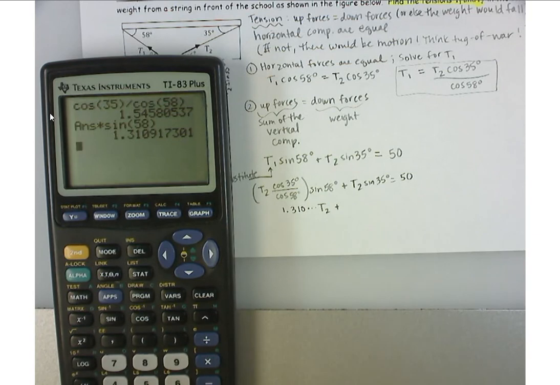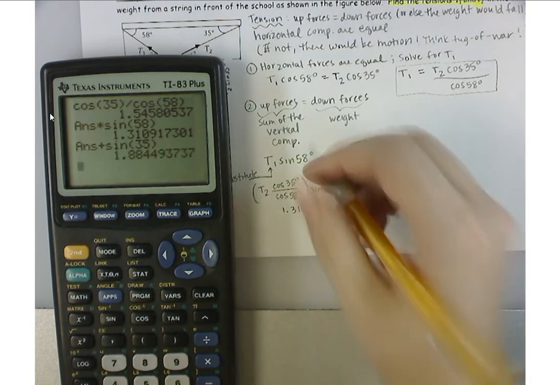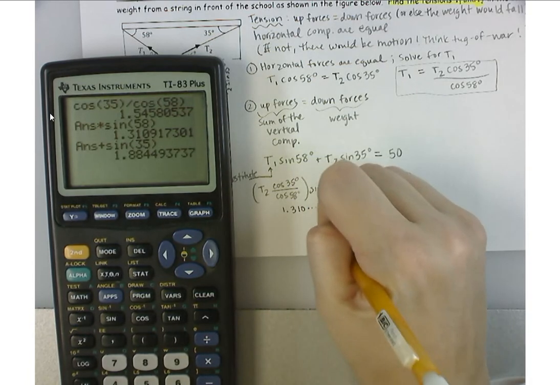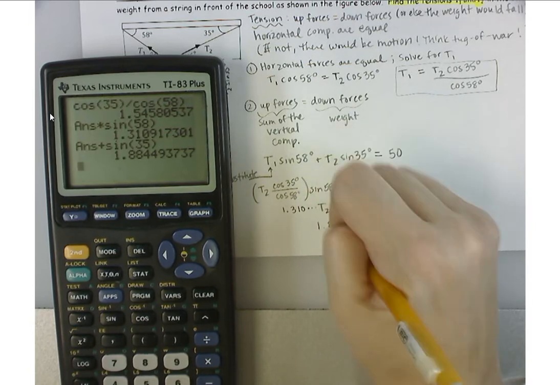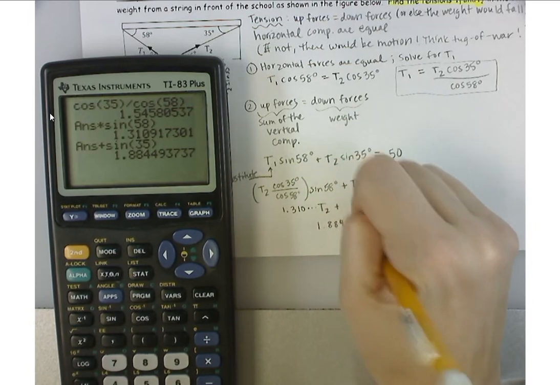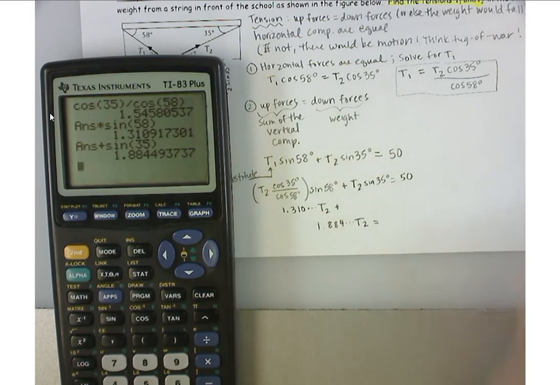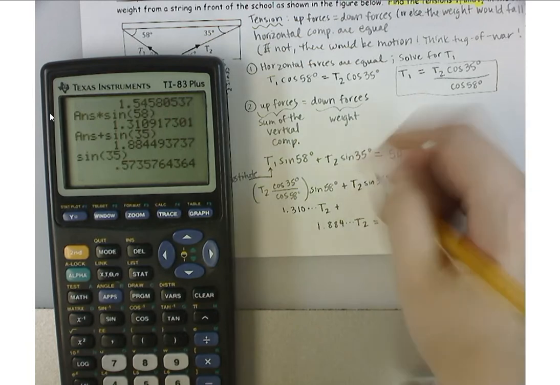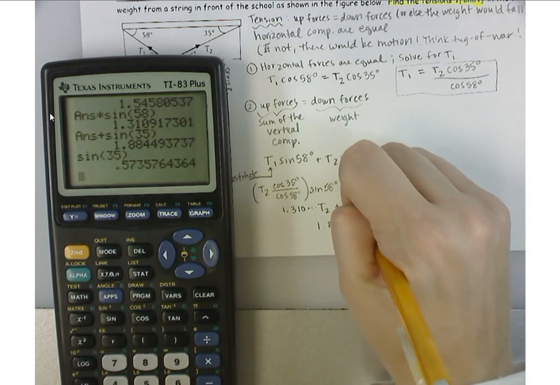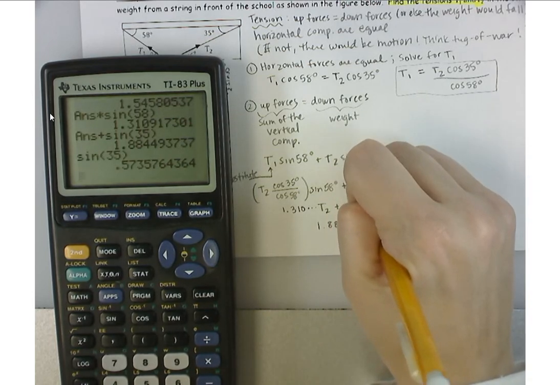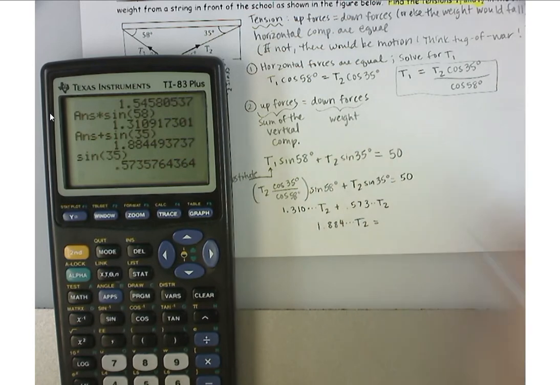Then I would add that to the sine of 35 degrees. If you have an older calculator like mine, you can't just click on it. So this is going to be 1.884 dot, dot, dot, T sub 2. You're just adding your like terms here. When you do the sine of 35, you get 0.573 dot, dot, dot, T sub 2 equals 50.